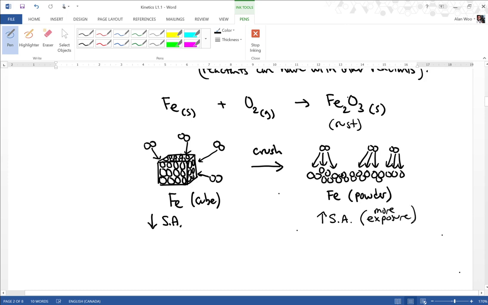So by increasing the surface area, you create more exposure and therefore more collisions. So increasing surface area causes increased collisions, which increases the rate of reaction.